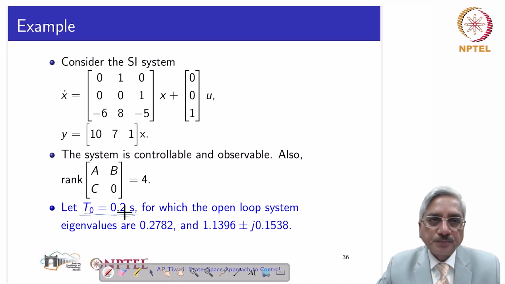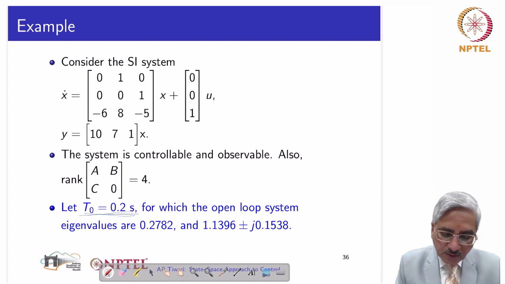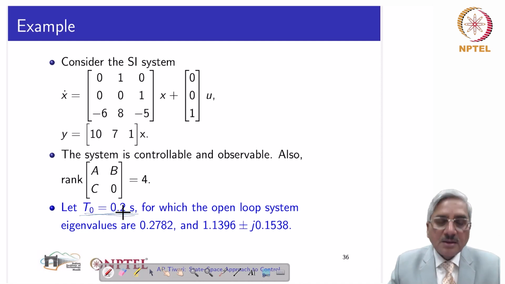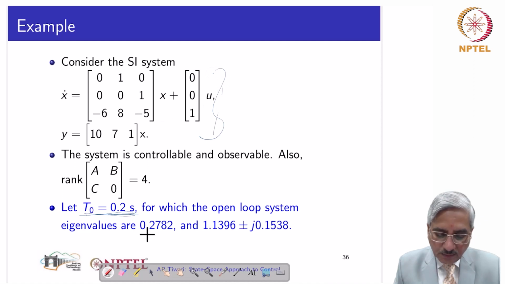So T0 should be smaller than the decay time constant of the fastest mode. So we choose T0 as 0.2, and for this the discretized system corresponding to this will have these eigenvalues.